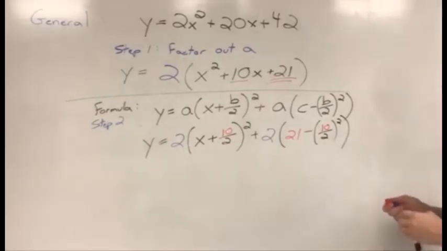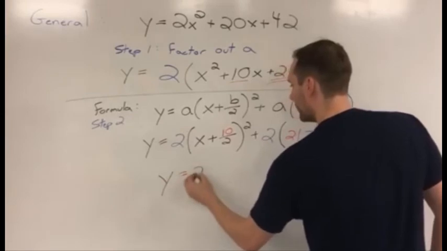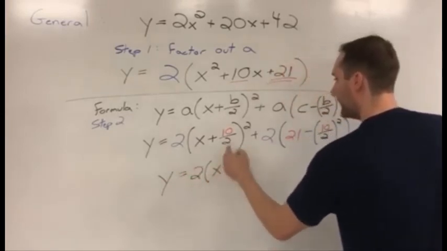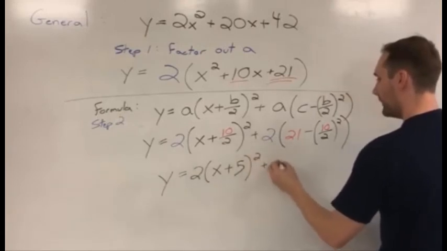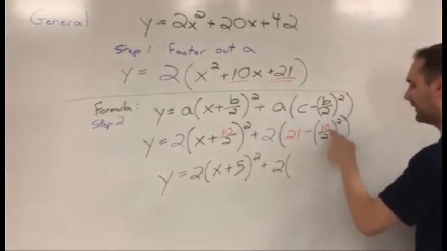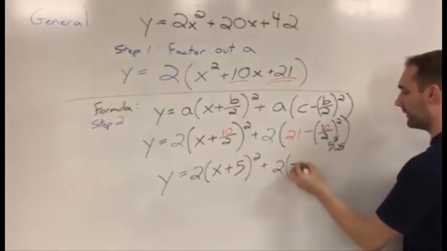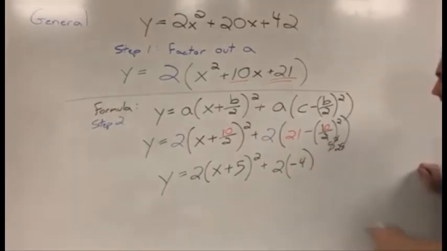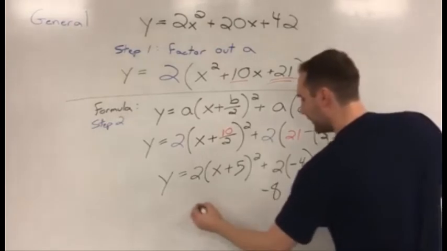Now all that's left is to simplify. So I have y equals 2 times x plus 10 over 2, which is 5, squared, plus 2 times, let's see, 10 over 2 is 5. 5 squared is 25. 21 minus 25 is minus 4. And what is 2 times negative 4? That is negative 8.